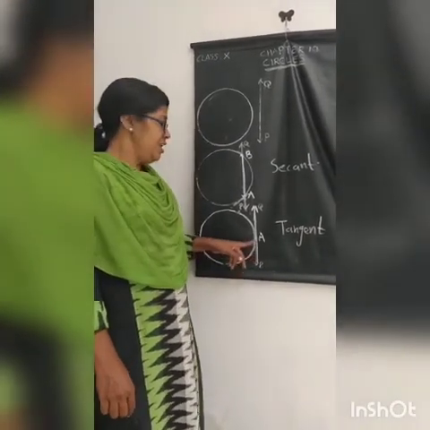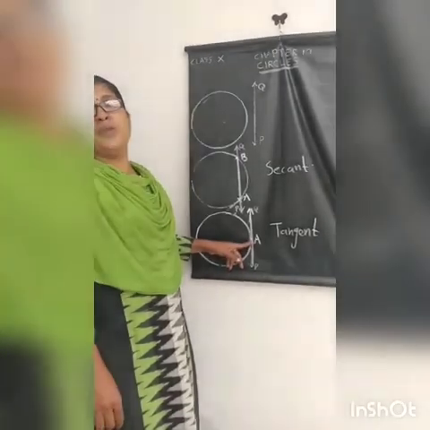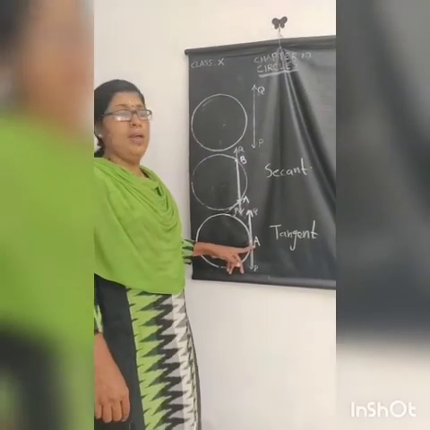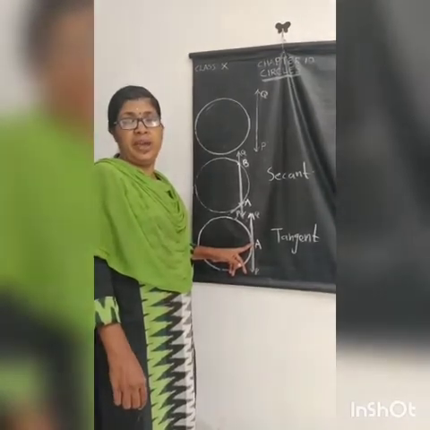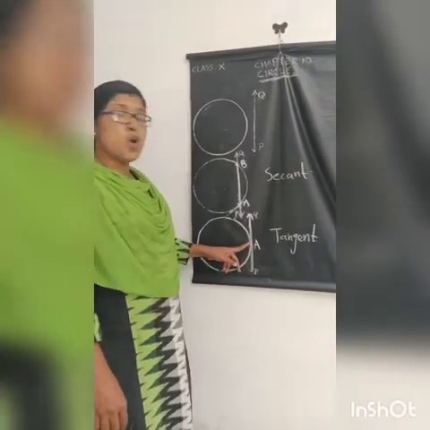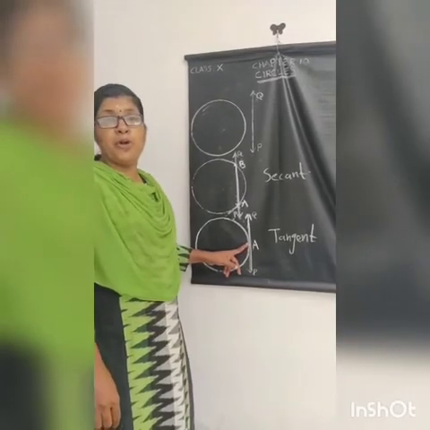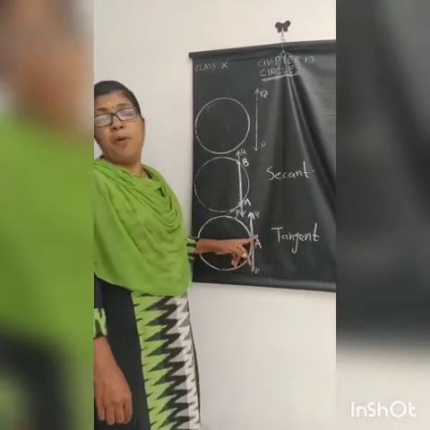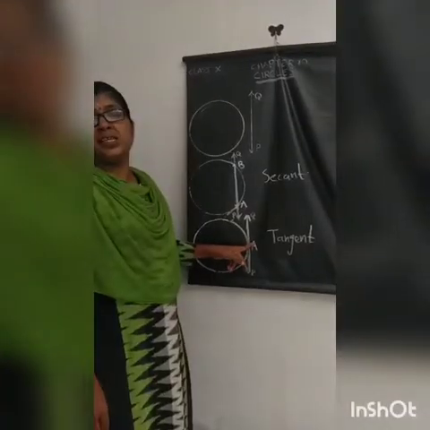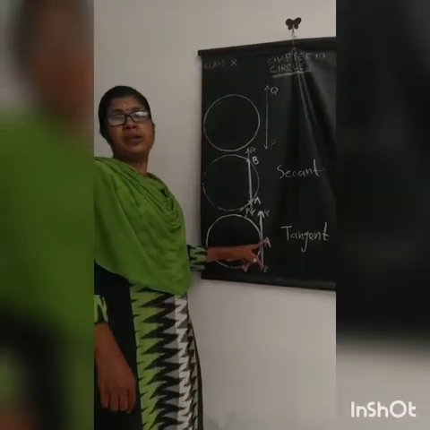A tangent is a line which intersects the circle at only 1 point. Then the line is known as a tangent of a circle. And this common point is known as the point of contact. What is the point of contact? The common point for the circle and the tangent is known as the point of contact.